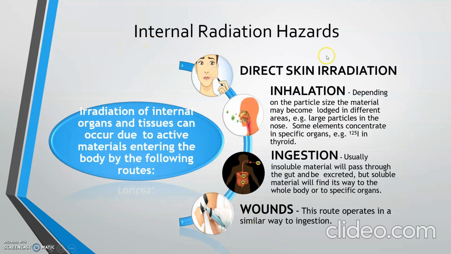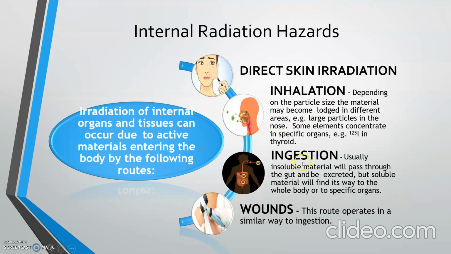Internal radiation hazard: irradiation of internal organs and tissue can occur due to active material entering the body by the following routes. First, inhalation; depending on the particle size, the material may become lodged in different areas.